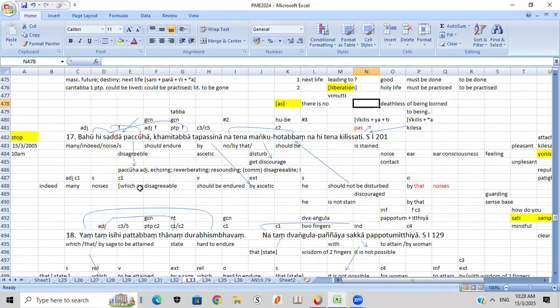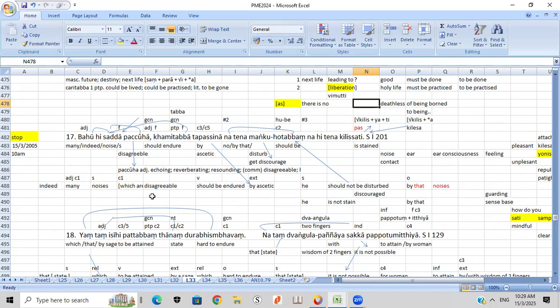Indeed, there are many noises which are disagreeable. The word disagreeable means unpleasant. So with anything unpleasant, what will happen? You get aversion. But there will be another line talking about what is agreeable.